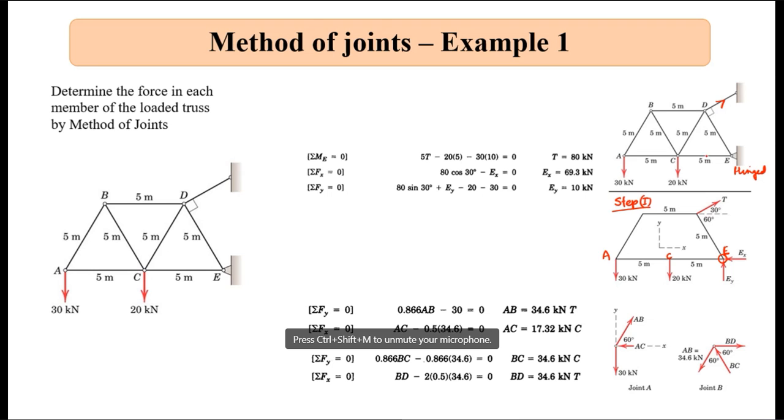So this is my T. From tension T to E, the perpendicular distance is equal to 5 meter. You can easily see this one, isn't it? So T into 5, so here I have 5T.